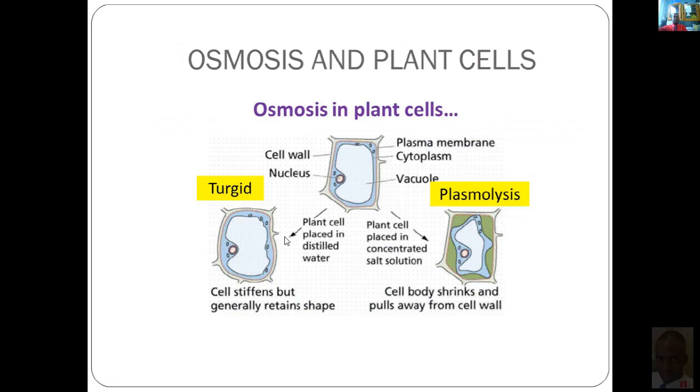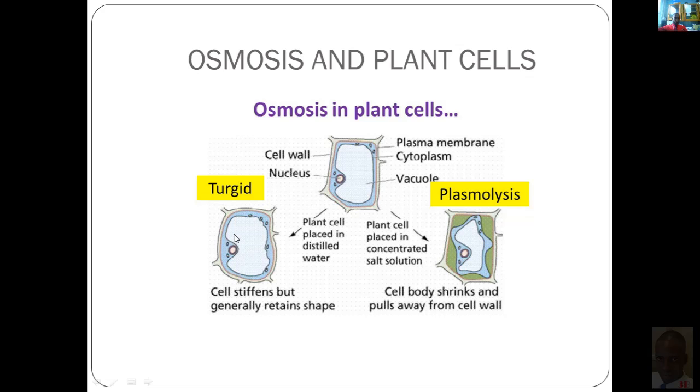When it comes to plant cells, it's a bit different, because there is a major difference between the plant and the animal cell, and that is the cell wall. Now we have two terms here in yellow, looking at them individually. First one, let's look at the plant cell placed in a hypotonic solution, because the cell is placed in distilled water.